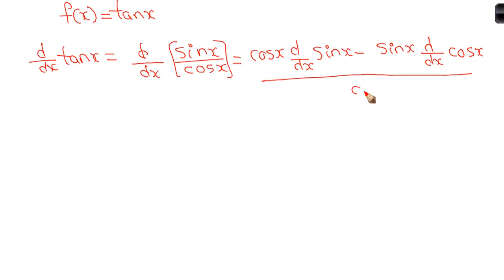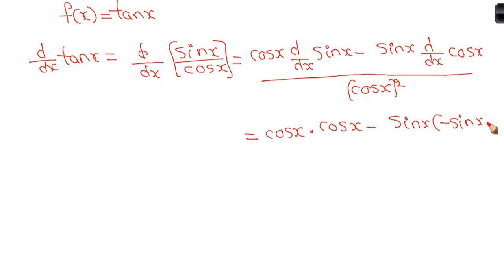So we know the derivative of sin x is cos x, so the numerator becomes cos x into cos x minus sin x into, we know the derivative of cos x is minus sin x, by cos square x.